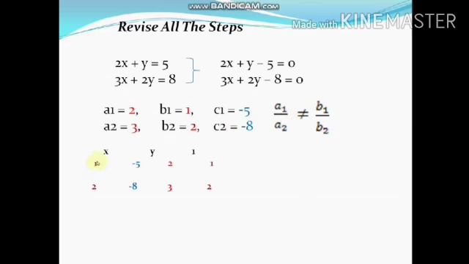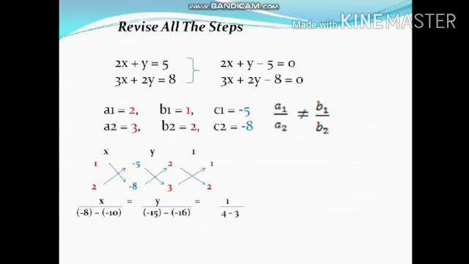After that, we will arrange these coefficients and constant terms in this manner. Then we will multiply this 1 by this minus 8 and then 2 multiply this minus 5 and so on.